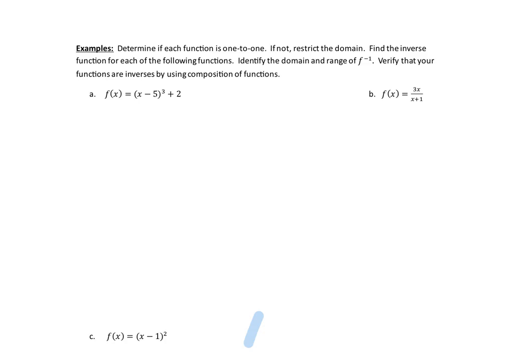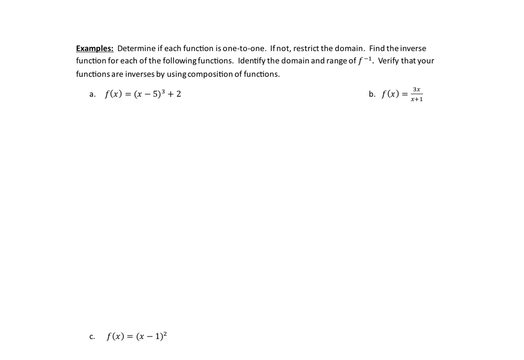All right, so let's go ahead and look at some examples. And for these, we're going to do a couple different things. We want to start by determining if our function is one-to-one. If it's not, we're going to restrict the domain. We have one example of this. From there, we want to find the inverse function, and then we want to identify the domain and range of our inverse function.